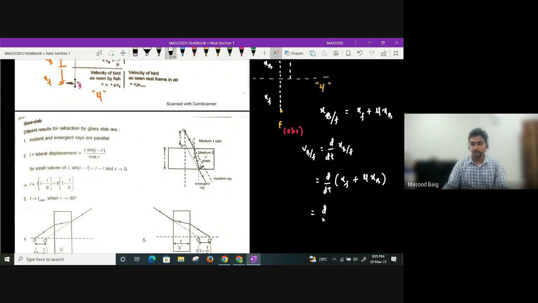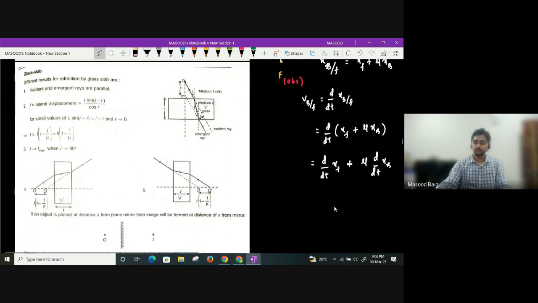So I can write it as d by dt of x of fish plus mu times d by dt of x of bird, guys. Clear, all of you? What is the rate of change of distance? Speed. So this will be the speed of the fish plus mu times the speed of the bird. This will be the speed of the bird with respect to the fish.